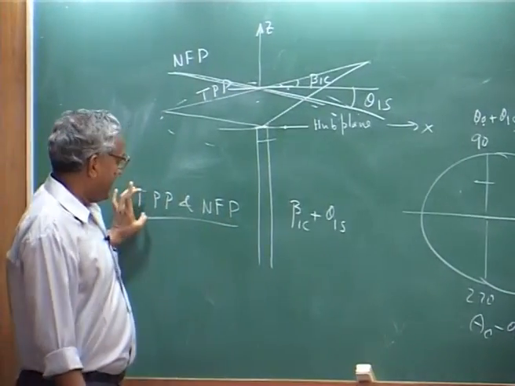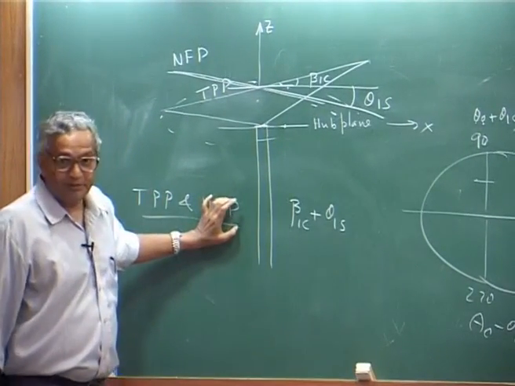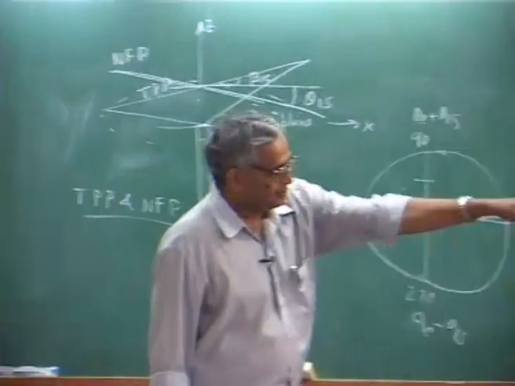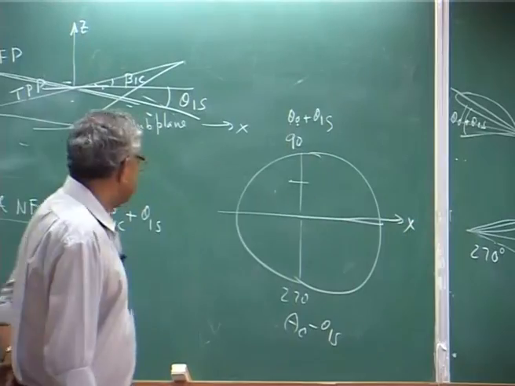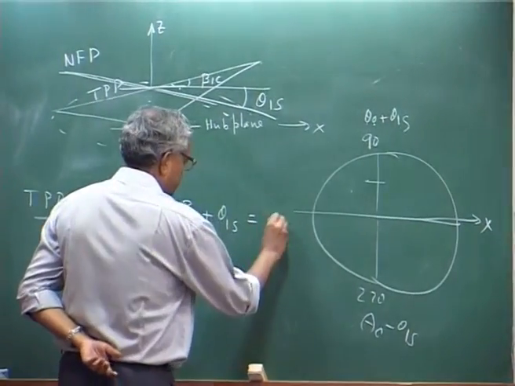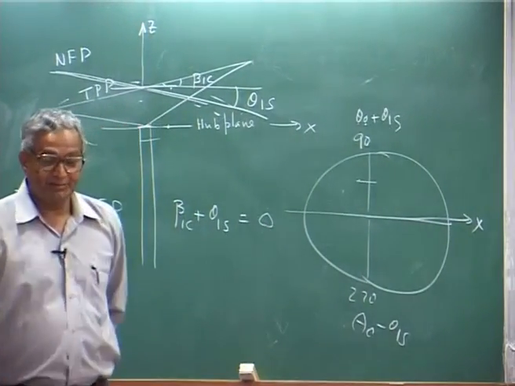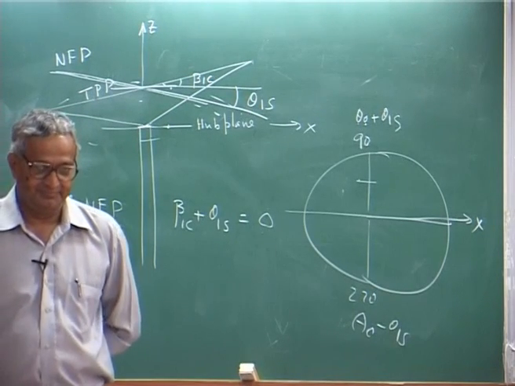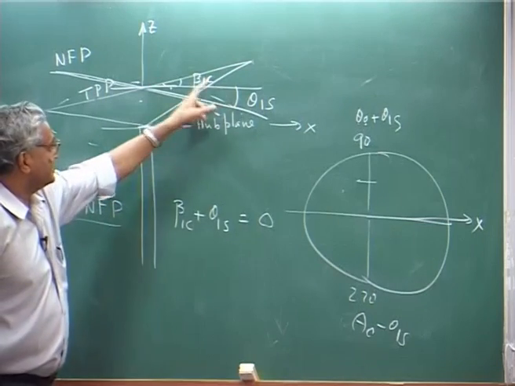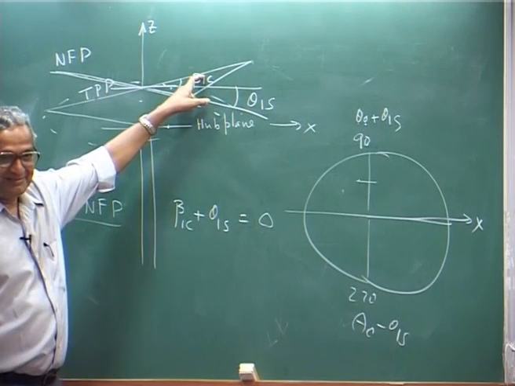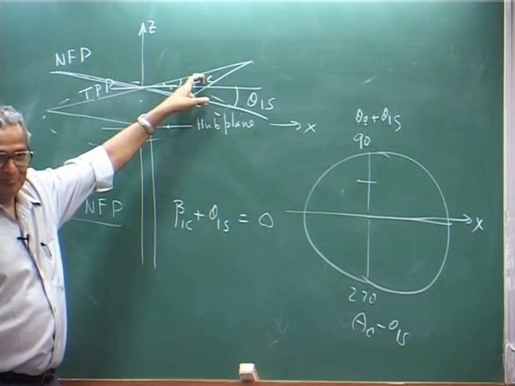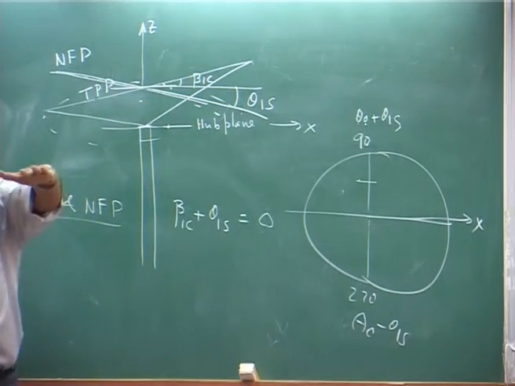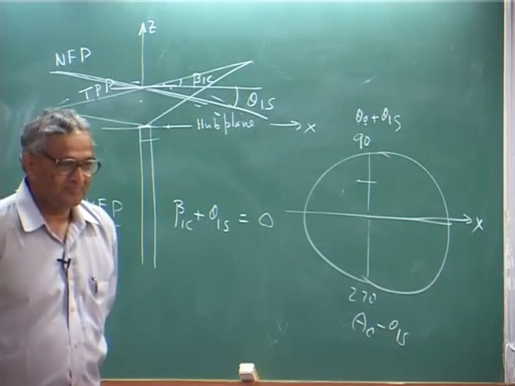Now, you see the angle between tip path plane and no feathering plane is this. In hover, you look at it, beta 1c plus theta 1s is 0. That means, these two planes must be parallel. That is, this angle should be 0. Okay. This angle should be 0 means what? Both planes must be parallel.